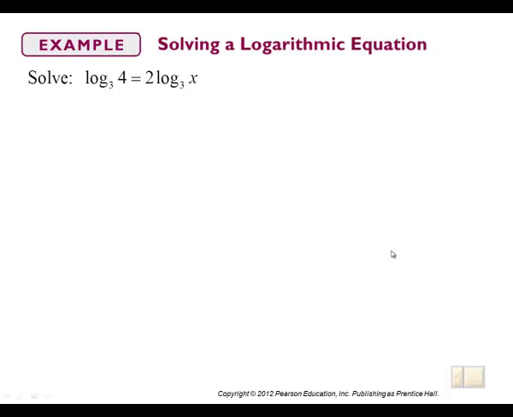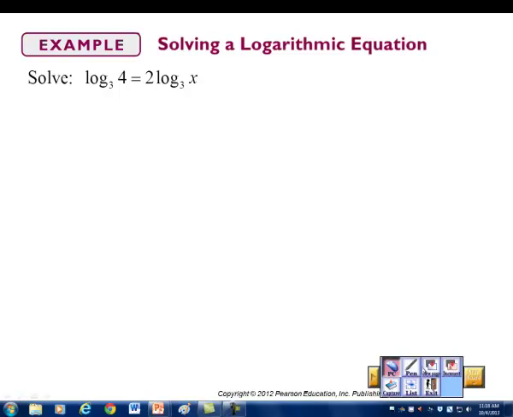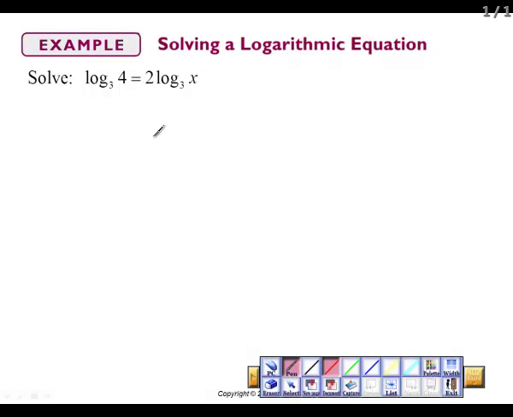So here we have a logarithmic equation. And basically, we want to go ahead and move this exponent up.